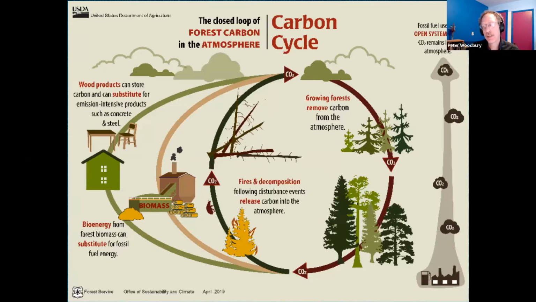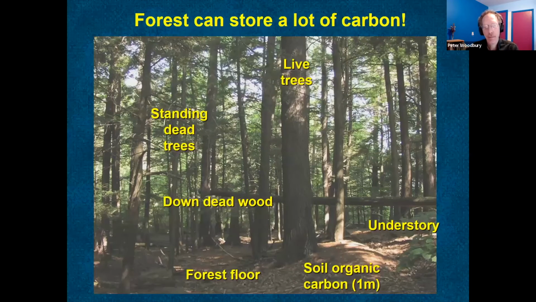We can put them into wood products that may last quite a long time, so we can sequester carbon from the atmosphere in houses and chairs, etc. The reason we focus on forests for storing carbon is they really can store quite a bit, primarily in trees, but also in soil as well.